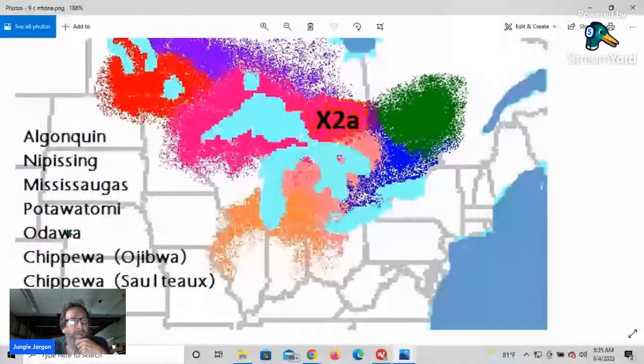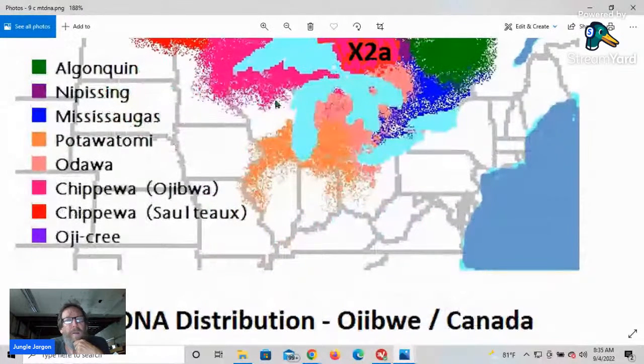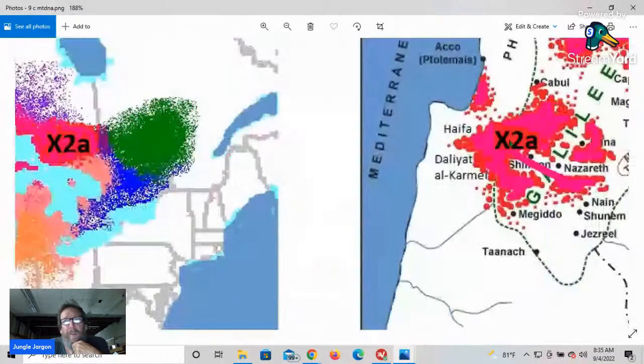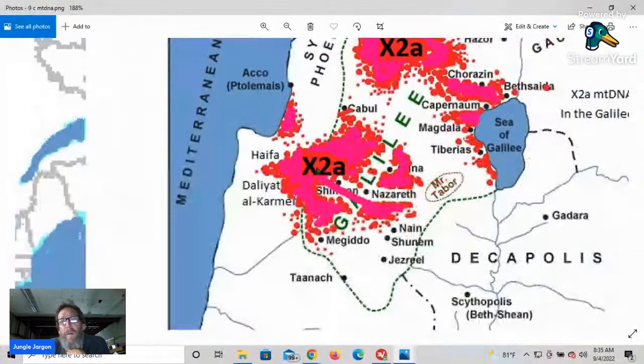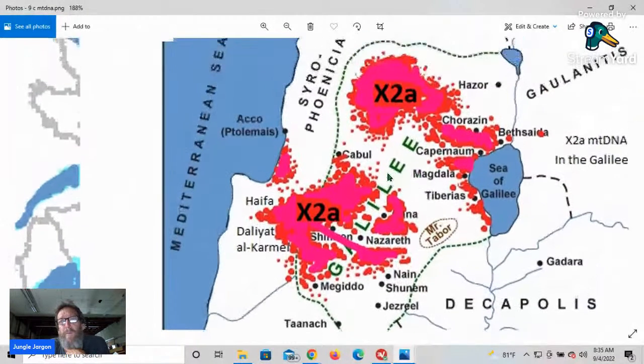In the Great Lakes region, the X2A, which is a European lineage of mitochondrial DNA of the wife of Madai.